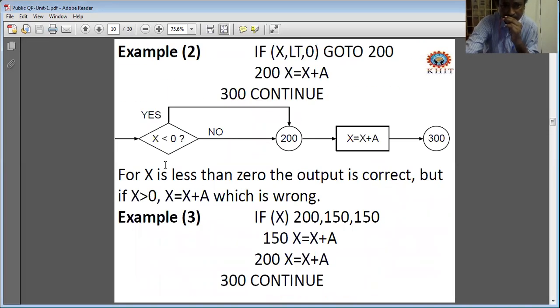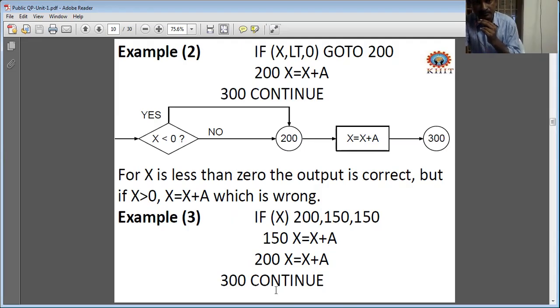For x less than 0, it goes to 200, and for x greater than 0, no condition, it goes to 200 and x equal to x plus a. But you have to consider only the true condition, not the false condition.